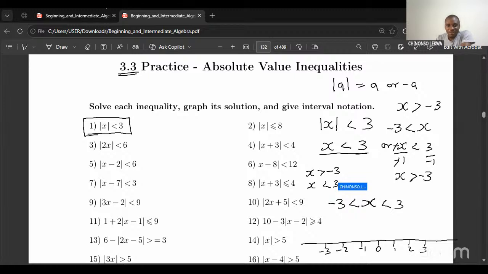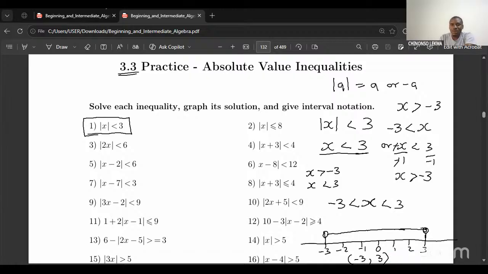So x is less than 3 gives us this, and x being greater than -3 gives us this. So it means that this is the range. This is the graph. We can now have the interval, which will be -3, 3. Anything within this interval satisfies this particular inequality.